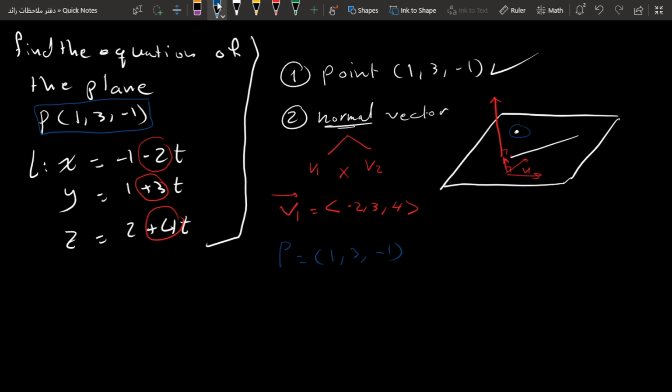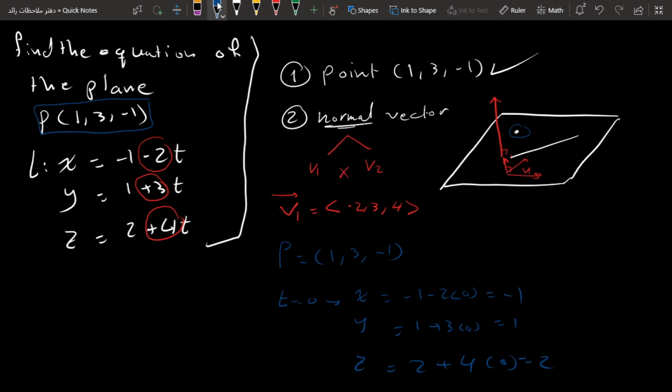يعني لو اجيت اخذت على اللاين هاي any point on this line, يعني if I take t equal 0, then we will get x equal to -1 - 2 times 0, which is -1. Y is equal to 1 plus 3 times 0, which is 1, and z is equal to 2 plus 4 times 0, which is 2.